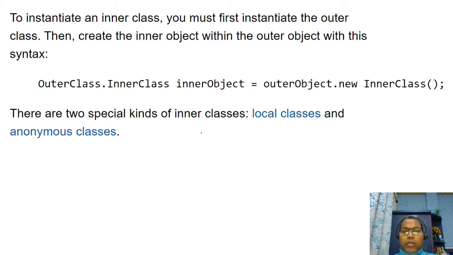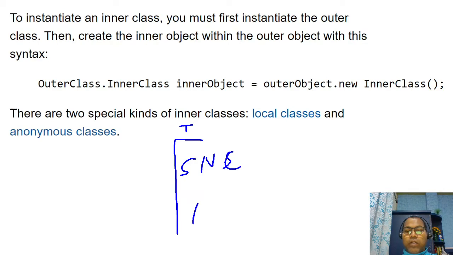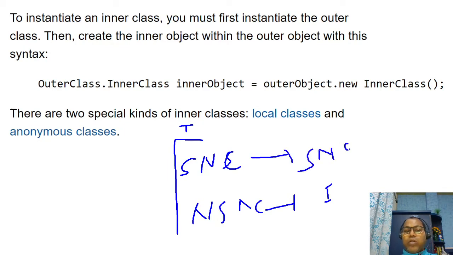So these are what we have discussed about classes. There are two kinds of class: the top level class we discussed, and the top level class contains the static nested class and the non-static nested class, which is your inner class.